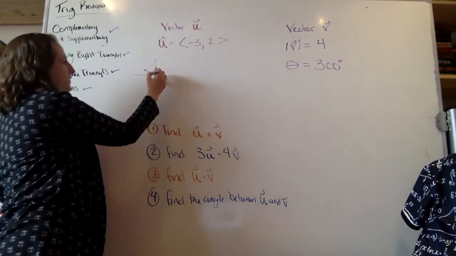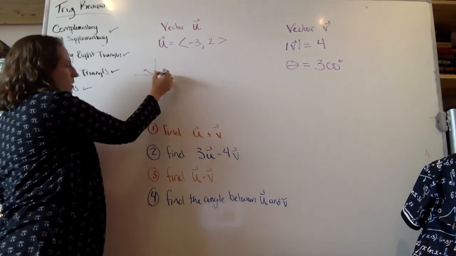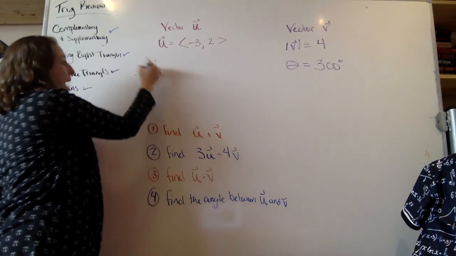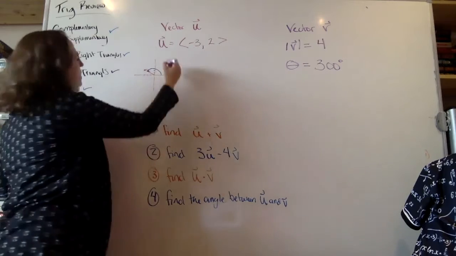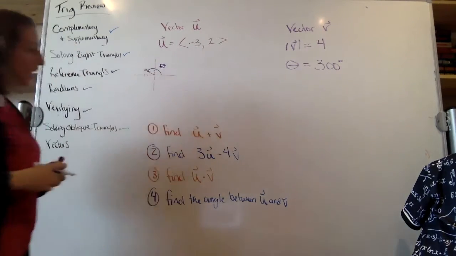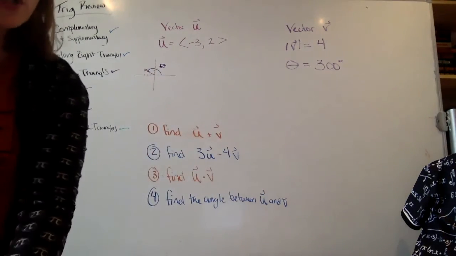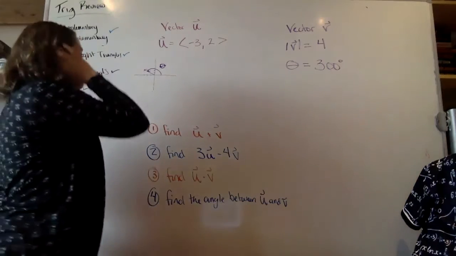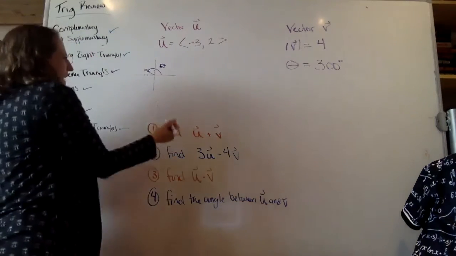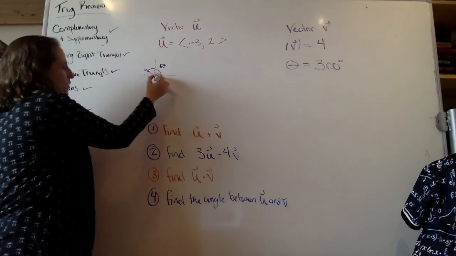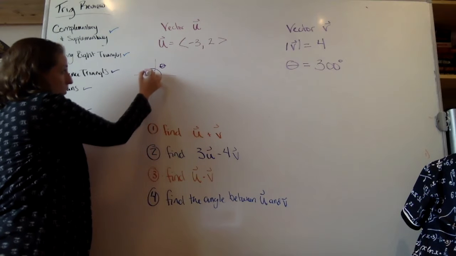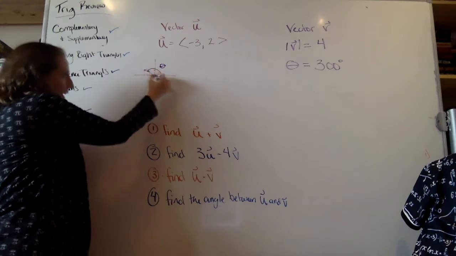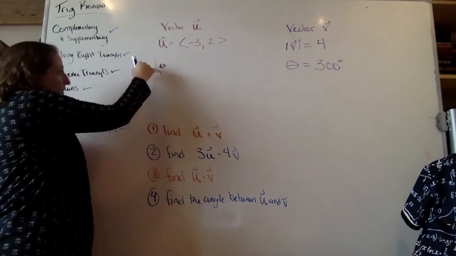Okay, now I want to change this from horizontal component and vertical component to some magnitude, meaning the length of the vector, and some direction angle theta. So how do we do that? Well, the first thing is the magnitude. The magnitude really is Pythagorean theorem. So I'm going to take the square of the horizontal component plus the square of the vertical component. That's going to equal the square of the magnitude.